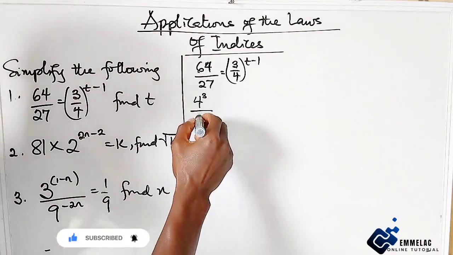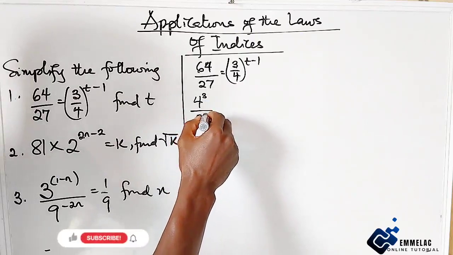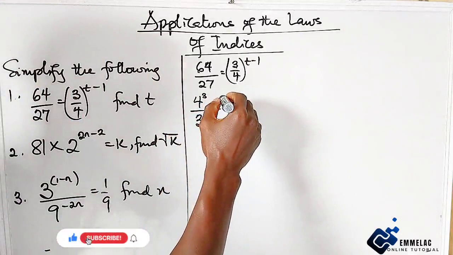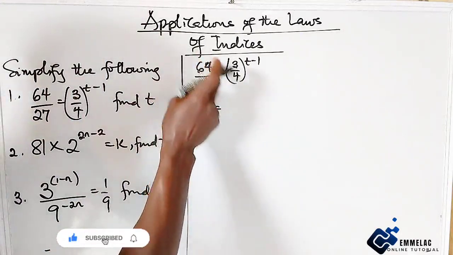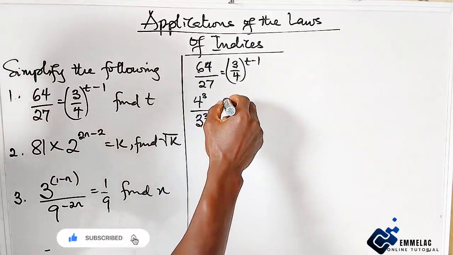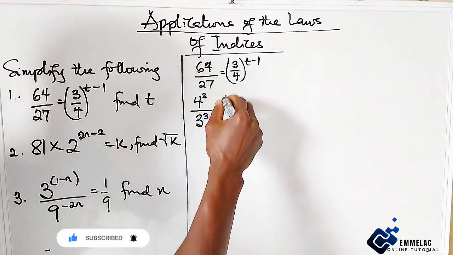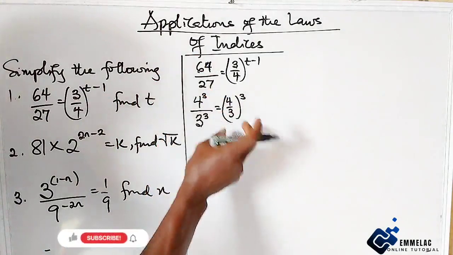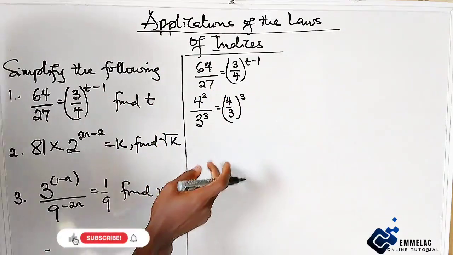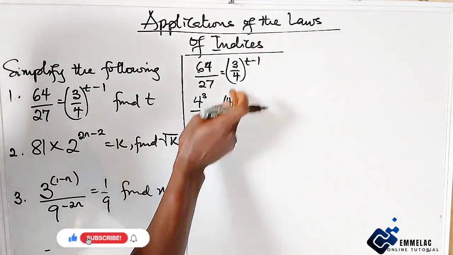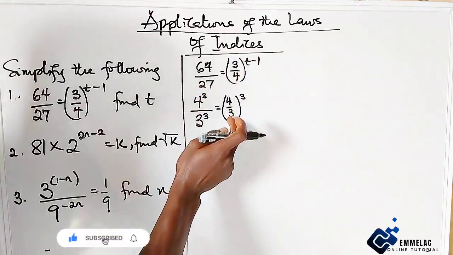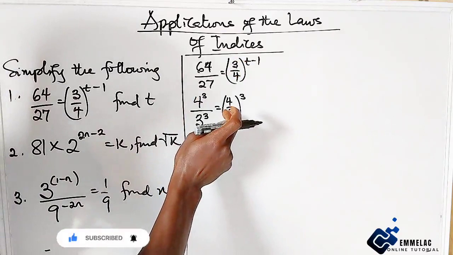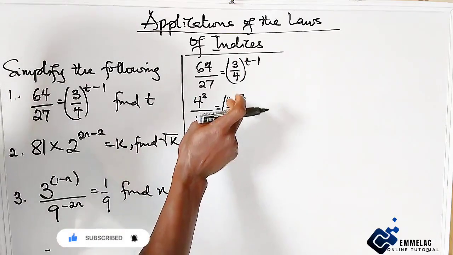So here we have 3 raised to the power of 3. Let us quickly work on the left hand side. This gives us 4 over 3 all raised to the power of 3. Since they have the same power, we have it this way. Now, since here we have 4 over 3 and here we have 3 over 4, what we need to do is transform this to the reciprocal of this number.